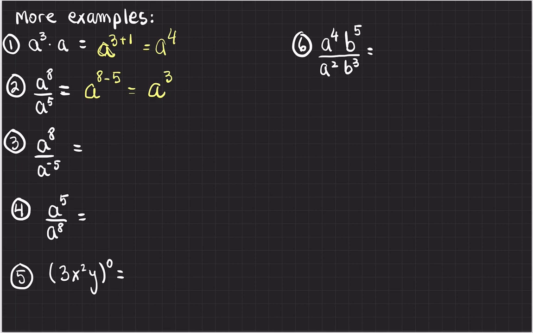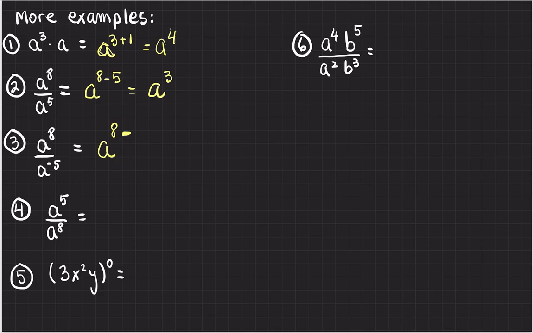I want to take a close look at number 3 because it looks almost exactly the same as number 2. The only difference is that the exponent in the denominator is a negative 5, not a positive 5 like here. But that will make a huge difference. Let's see that one. Okay, I do have division and same base, so I need to keep the base and subtract the exponent in the denominator.